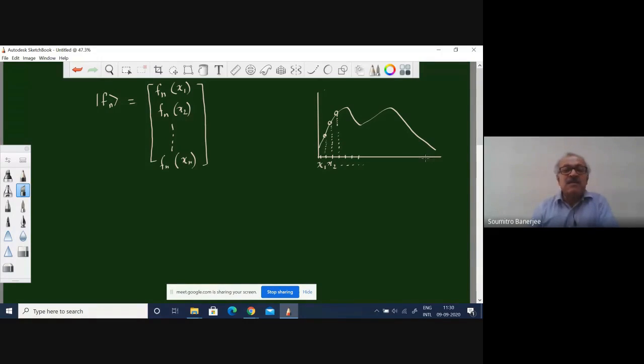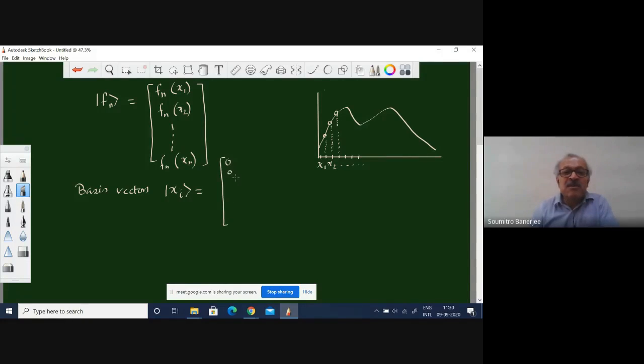So in this case, what are the basis vectors? The basis vectors are essentially x1, x2, x3 and all that. The basis vectors are the vectors xi, and these are also columns.